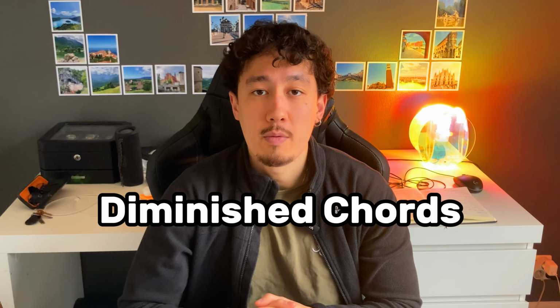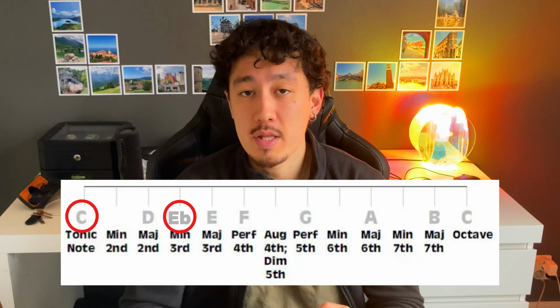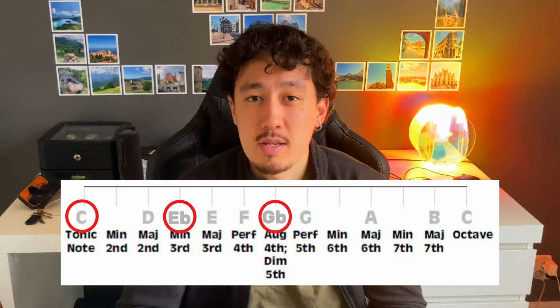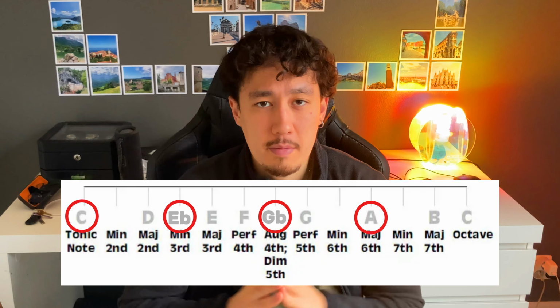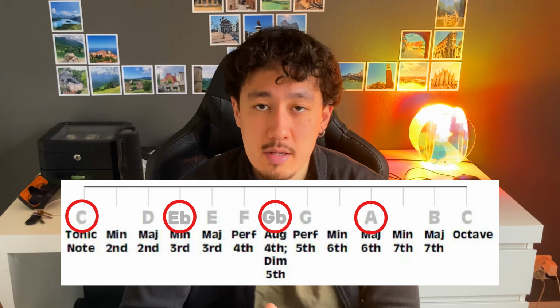You might have guessed it, but if we have half diminished chords, we have diminished chords, which consist of a root note, a minor 3rd, a diminished 5th, and a diminished 7th note. And so the diminished 7th interval is the same as the major 6th interval. Now for this interval, it can be either a diminished 7 or a major 6.